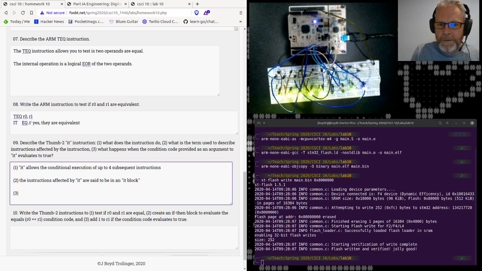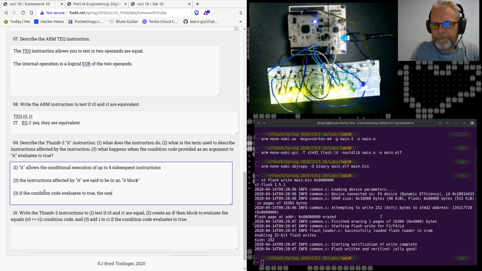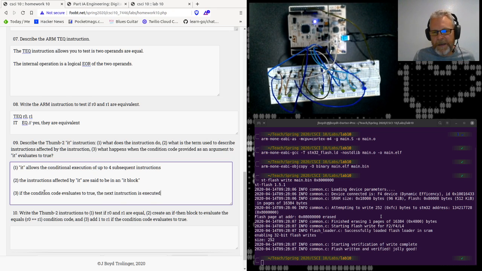Okay. Part 3. What happens when the condition code provided as an argument to IT evaluates to true? If the condition code evaluates to true, then the next instruction is executed.